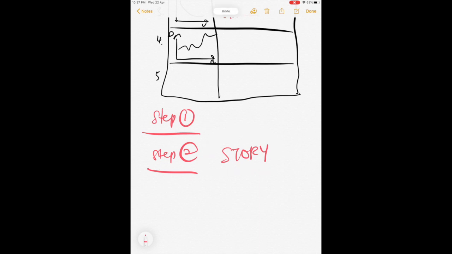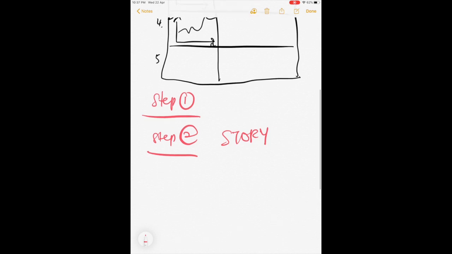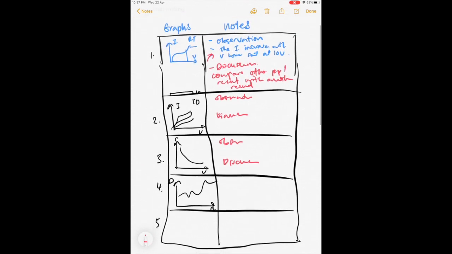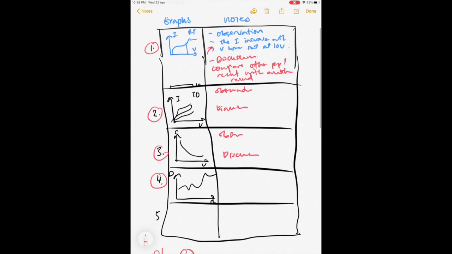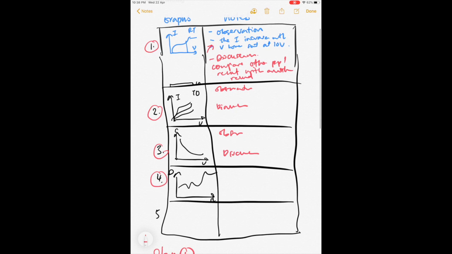Sometimes, for example, in your experiment you did number 1, number 2, number 3, and 4, and so forth. But there's no story, or the story is not strong.